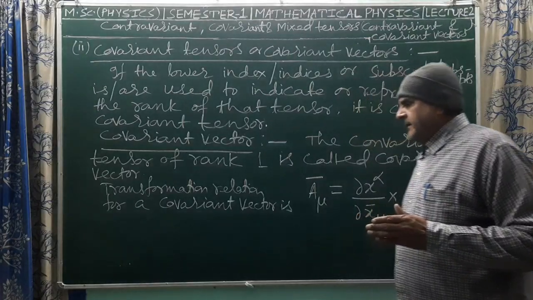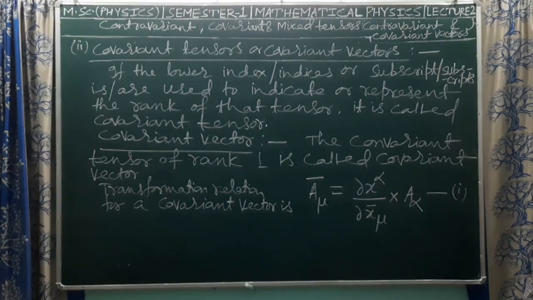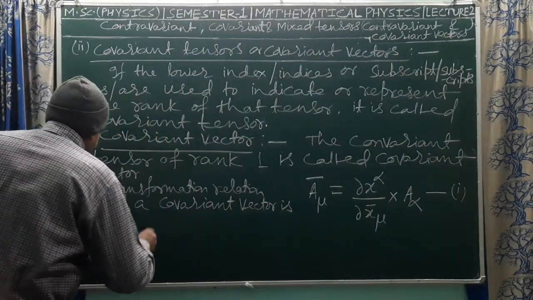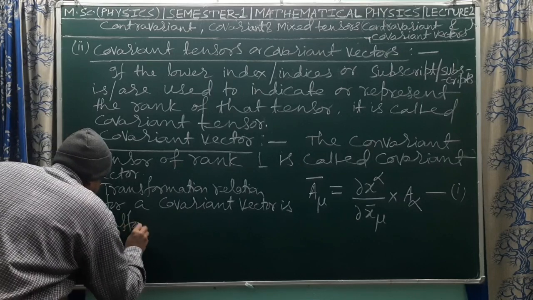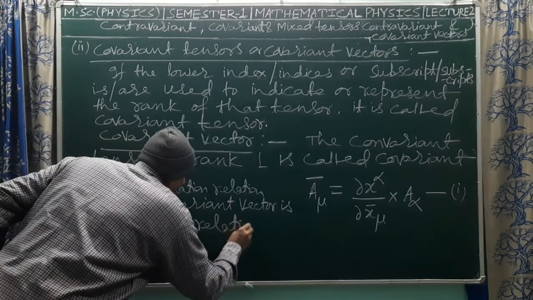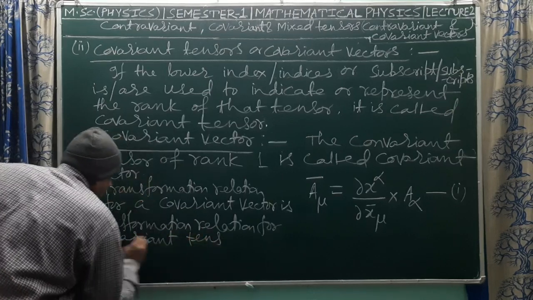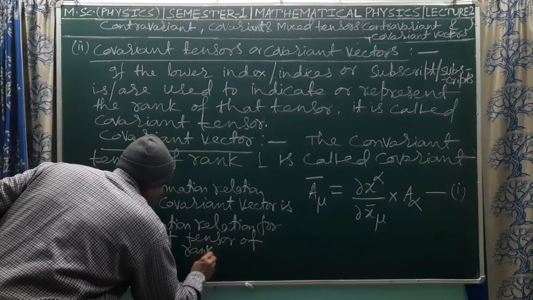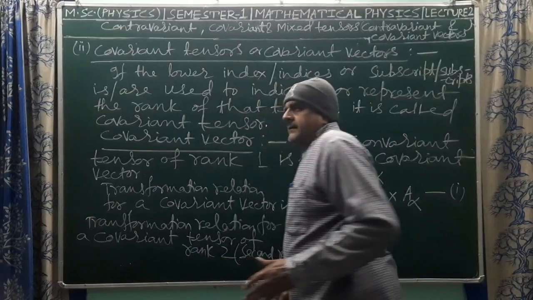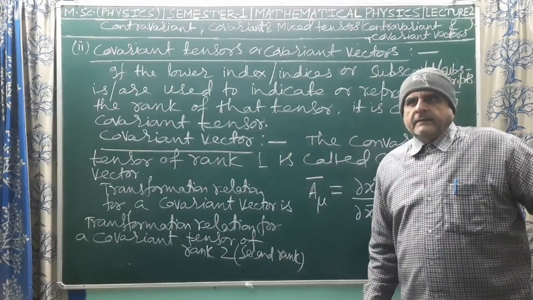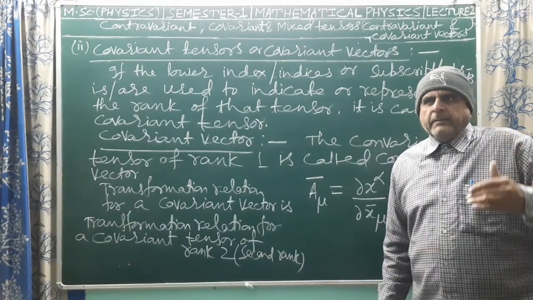Now we can also write the transformation relation for a covariant tensor of rank 2, or second rank, for n squared quantities, say a mu nu, having values 1, 2, 3 to n.